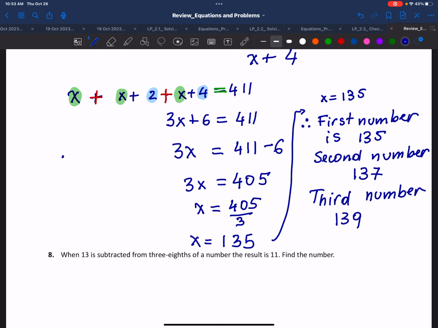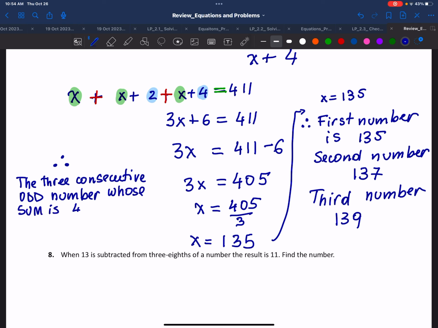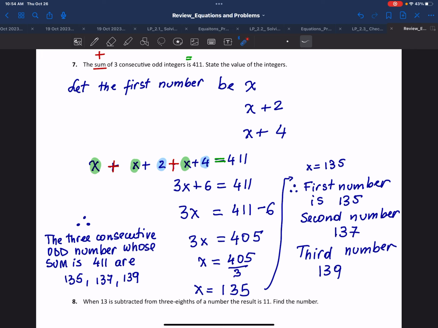Therefore, the 3 consecutive odd numbers whose sum is 411 are 135, 137, and 139. And this is how we're going to build the therefore statement.